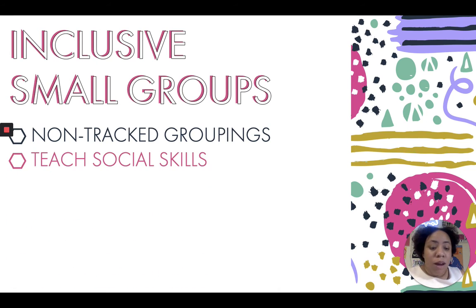You're actually teaching students how to socially interact with different types of students, which is another executive functioning skill that I talked about earlier in terms of being able to manage emotions, think about things before they say things, and then also being able to deal with dynamic situations, being able to have that flexible thinking that they need.